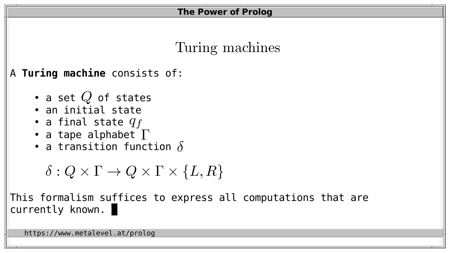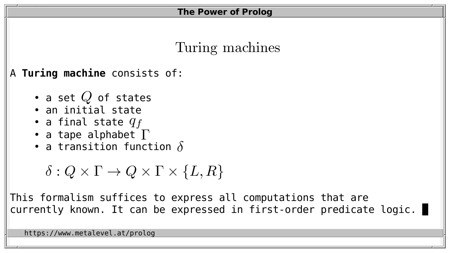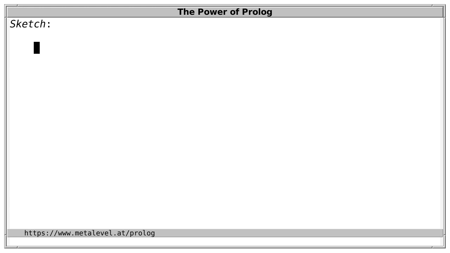For example, everything that a computer can do can also be modeled in this way. And the point is, we can use first-order predicate logic to express what a Turing machine does. And this shows that predicate logic is very expressive and that we can use logic as a formal basis for computation. So here's a brief sketch of how we can do this.